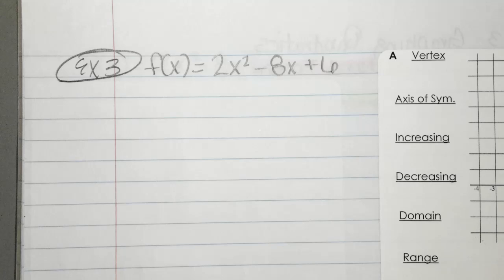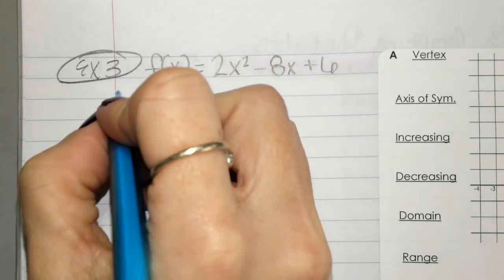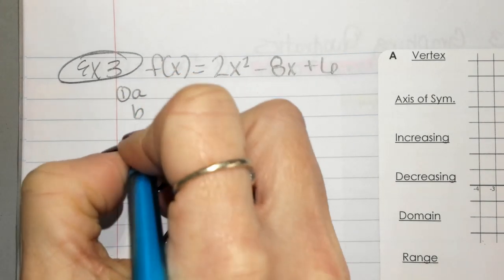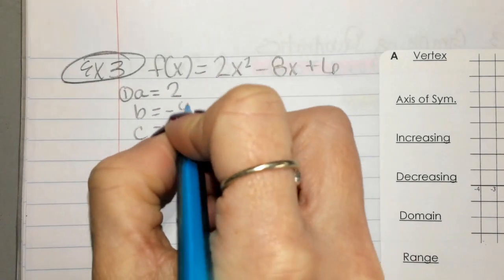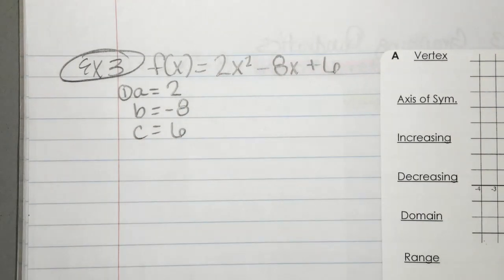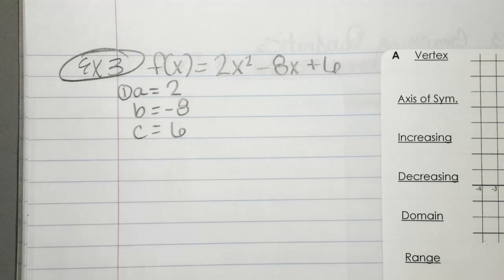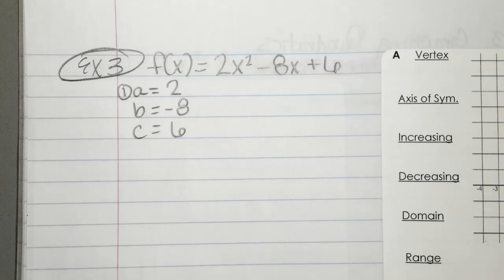All right, I have standard form on my quiz. Ms. Clark asked me to identify the A, B, and C. That's what I'm going to do first. A, B, C. 2, -8, 6. Easy enough. Then I'm asked, will this have a maximum or a minimum value?